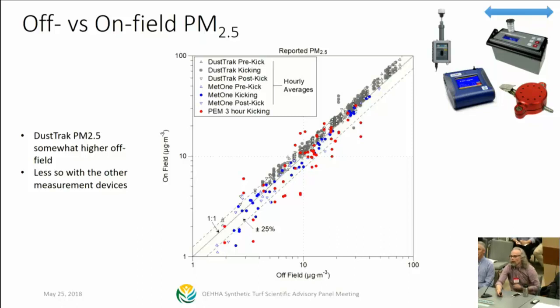The 1-to-1 line is shown in the middle, and then I've got a gray band here representing a plus or minus 25% band from that. And for the DustTraks, I was getting a little bit of variability where it's showing that it's perhaps a bit higher, somewhere from a little bit to 25% higher off the field than it was on the field. Using the other instruments, we don't quite see that same behavior. It looks more like they're much closer and clustered around the 1-to-1 line.